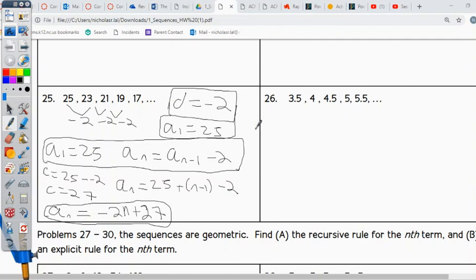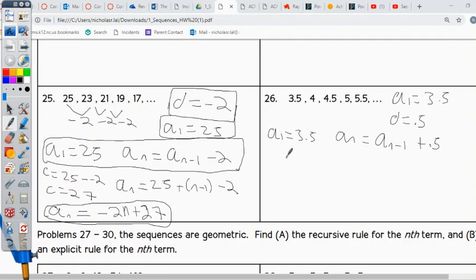Alright, I want the class to do 26 without any help from me. Collaborate. Take me through it step by step. You add 3.5, A1 is 3.5. What's D? D is 0.5. Let's get the recursive rule first. It will be an equals an minus 1 plus 0.5.